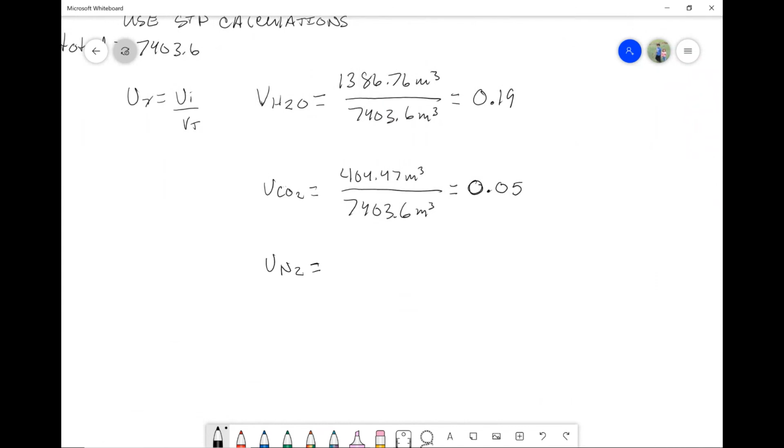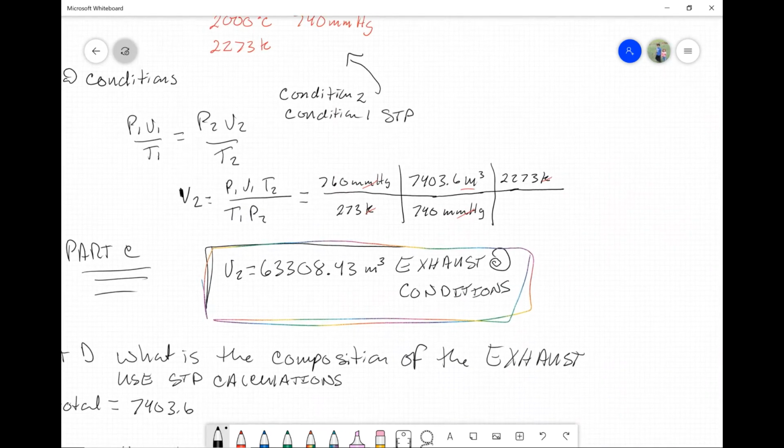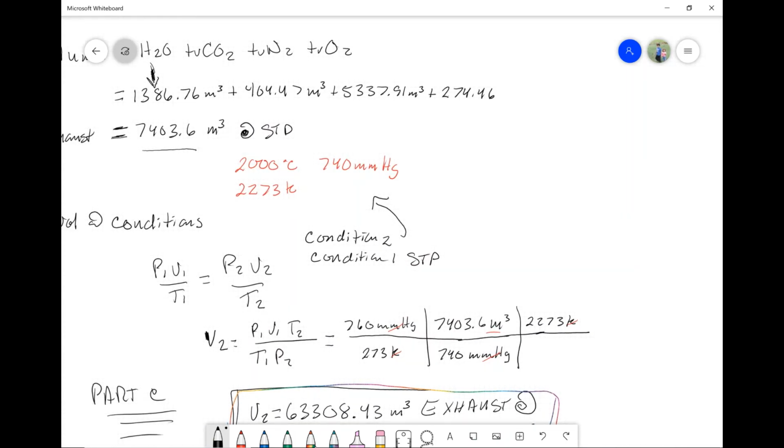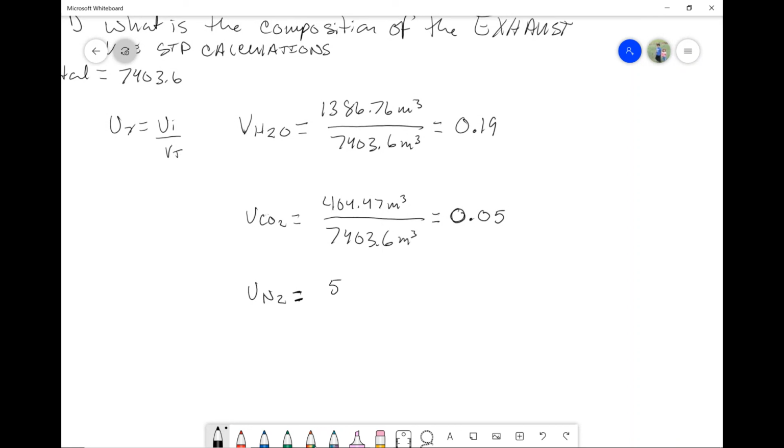The VN2, the V of N2, or the volume fraction of N2, is, we have a lot of N2, so 5337.91 over 7403.6 equals, so 5337.91.